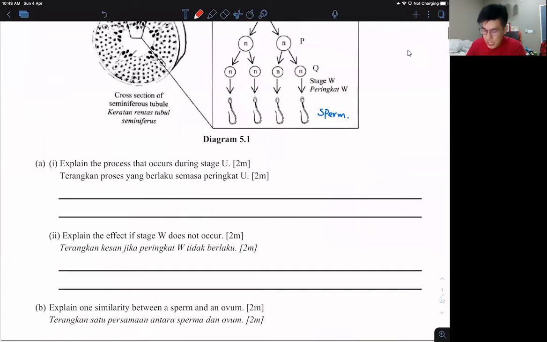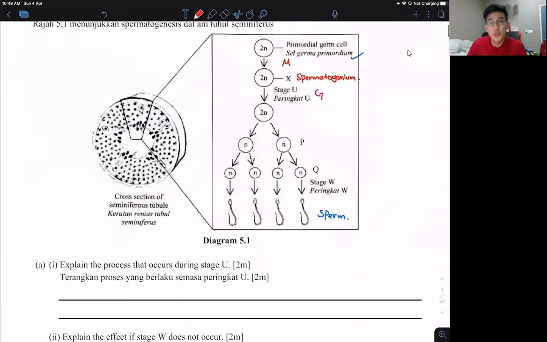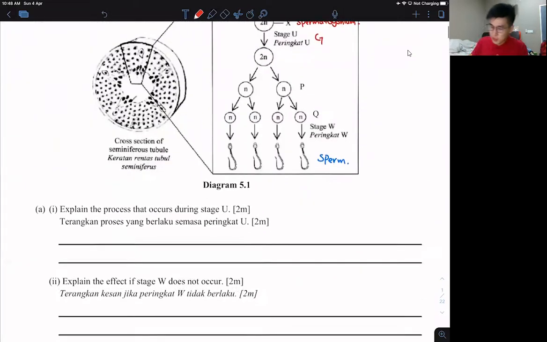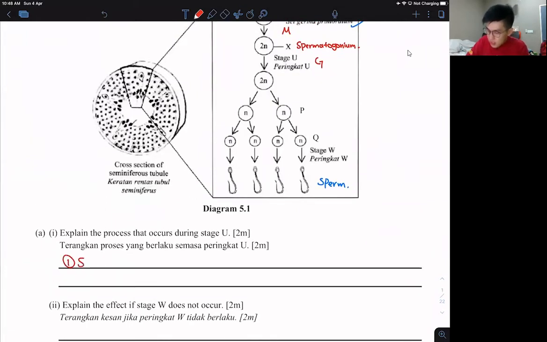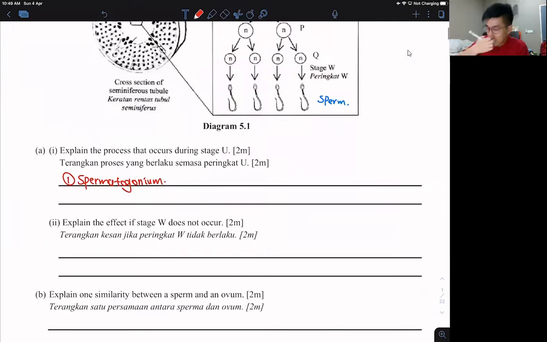Explain the process that occurs during stage U. Very simple, you just have to say stage U is growth, so you can say the spermatogonium, or structure X or cell X, undergoes growth. If you say growth, that is one mark.